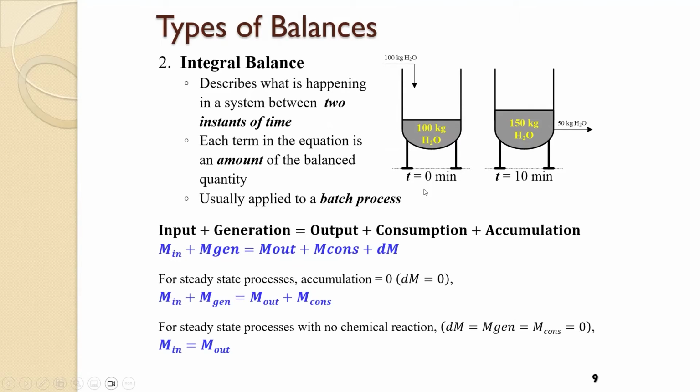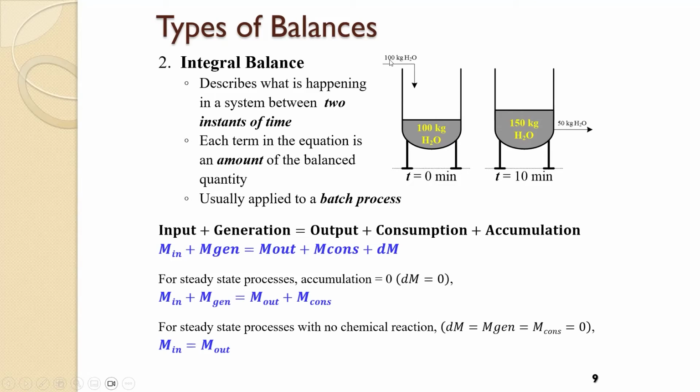So you can see in here that at time zero, you have 100 kilograms here initially, daw, and then may input na another 100. However, at time equals 10, what you notice is instead of 200 dito, after 10 minutes, 150 lang is stored in here. The remaining 50 was taken out.